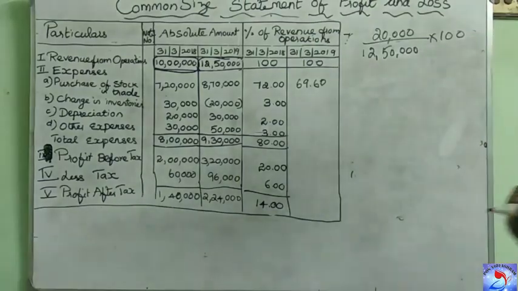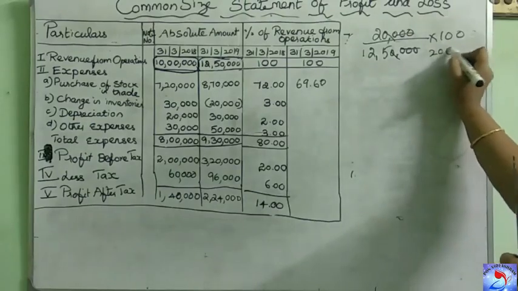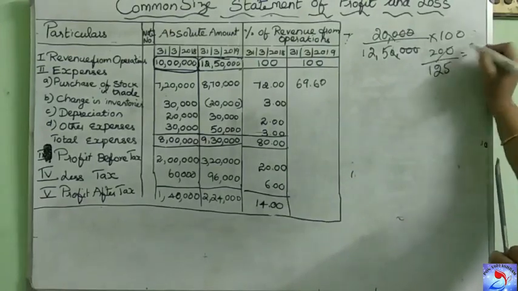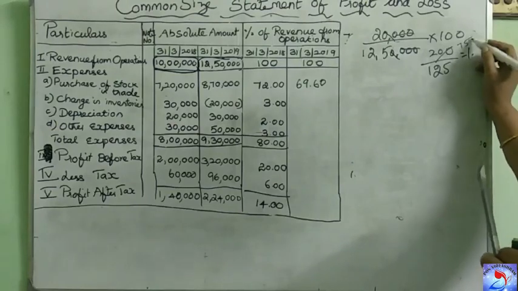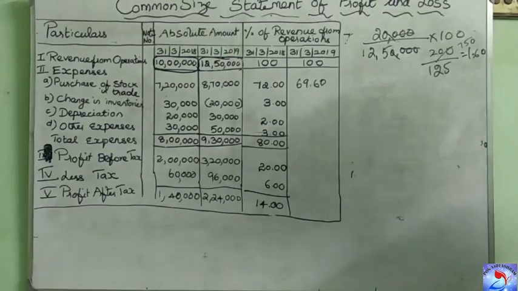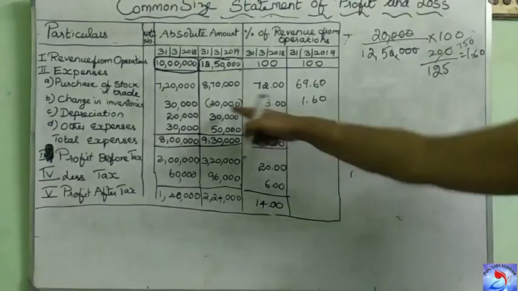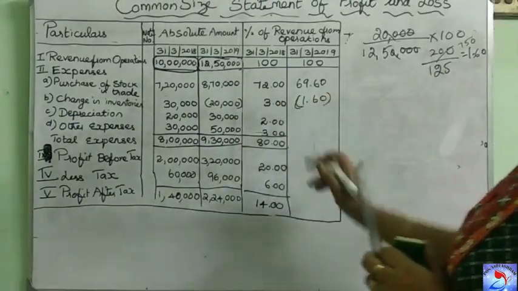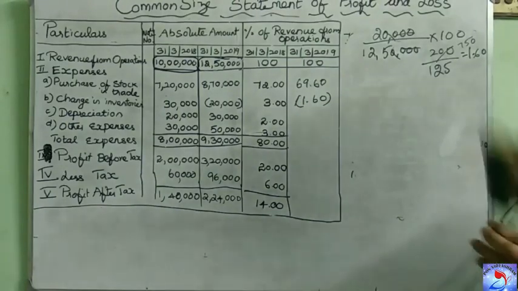So 200 divided by 125, you will be getting 1.60 as your answer. Since it is given in negative, you have to put it in brackets. You should not add it; it has to be shown in brackets, that is a negative amount.